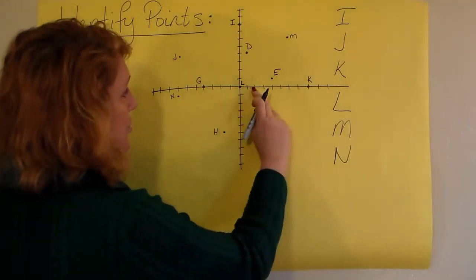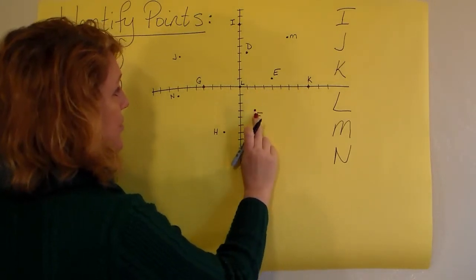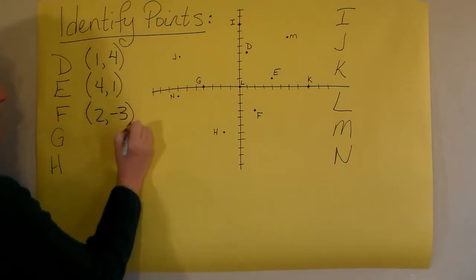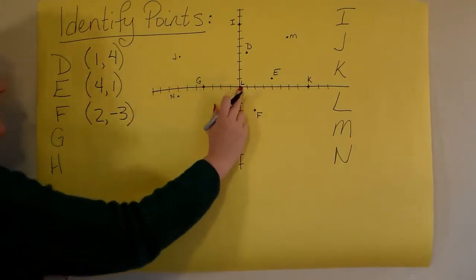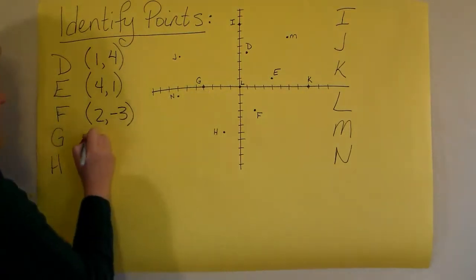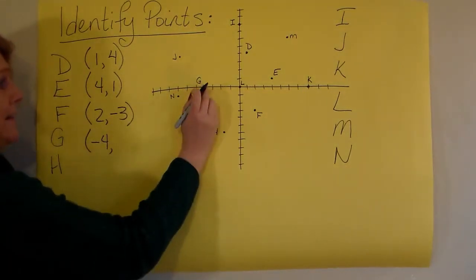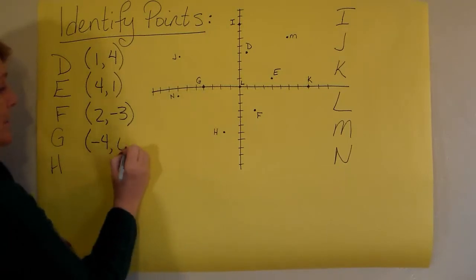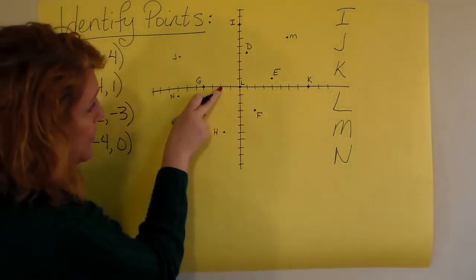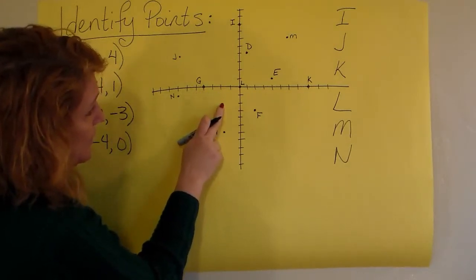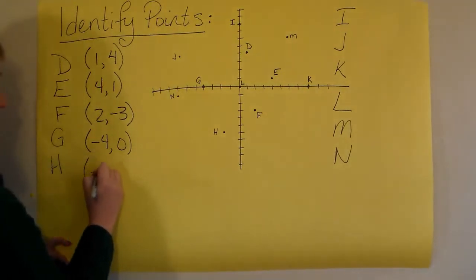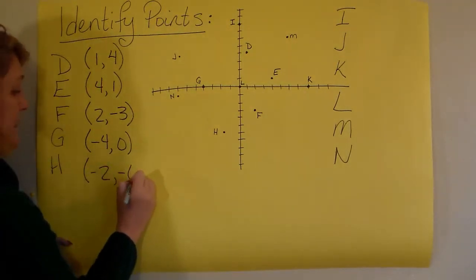I go over 2 and down 1, 2, 3. 2, comma, negative 3. G, I go over 1, 2, 3, 4, backwards 4, so that's a negative 4. And I don't go up or down at all, so that's 0. H, I'm going to go backwards 2 and down 1, 2, 3, 4, 5, 6. Backwards 2, down 6.